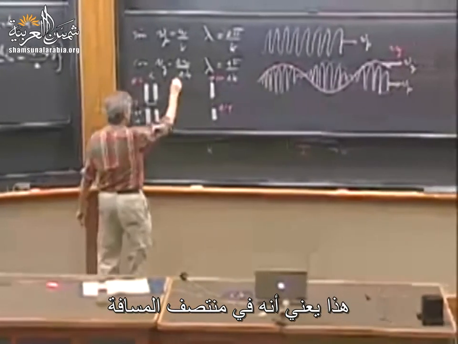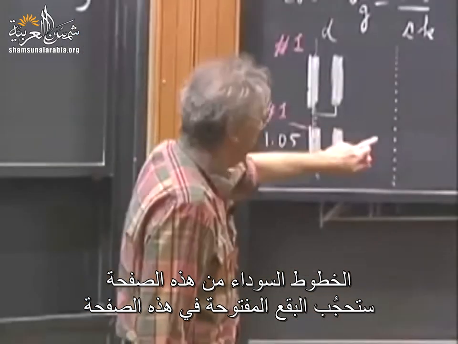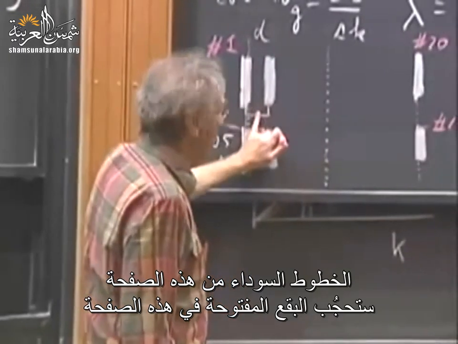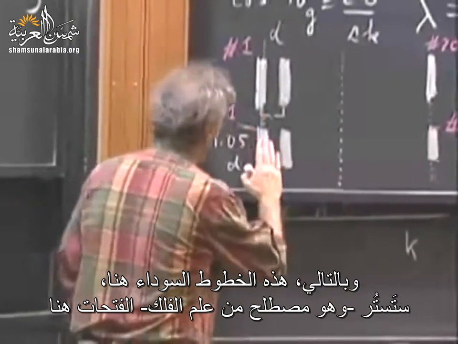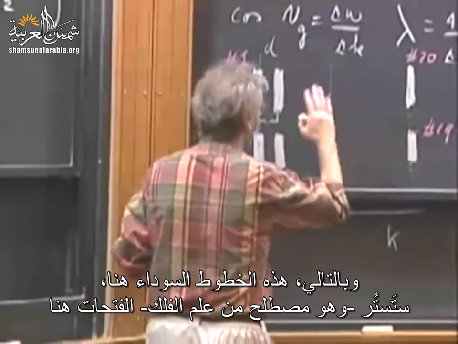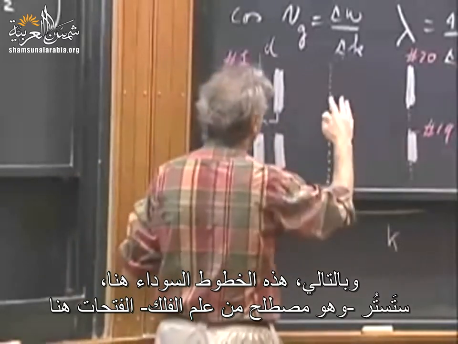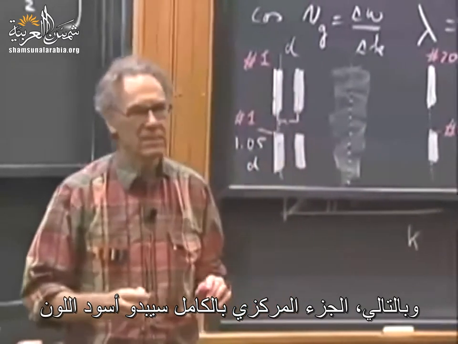That means halfway in between, the black lines from this sheet will exactly eclipse the open spots of this one. And so these black ones will all occult, to use the astronomical phrase, the openings, and so this whole central portion will look black.